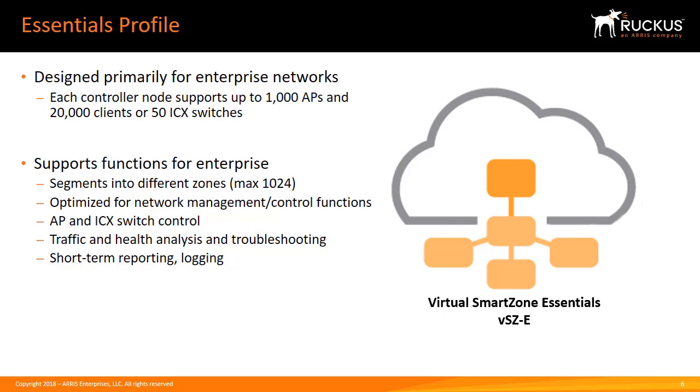Short-term reporting is also stored, with the option to report to external services such as Ruckus's SmartCell Insight and other third-party applications. Although there are two virtual options, Essentials or High Scale, both use the same software package and are simply deployed with your preferred profile that fits your requirements.